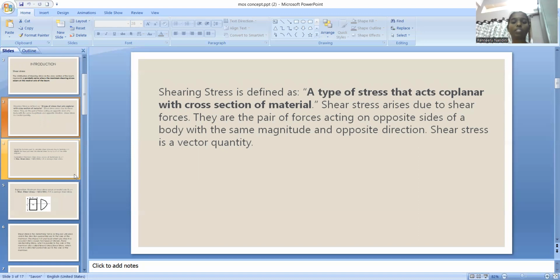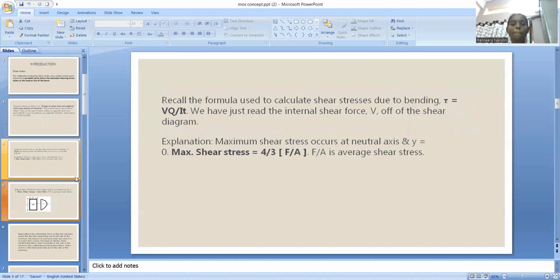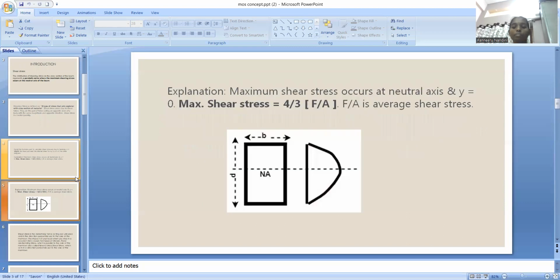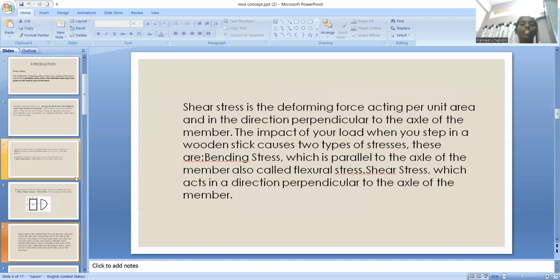Shear stress is a vector quantity. Shear stress is the deforming force acting per unit area and in the direction perpendicular to the axis of the member.